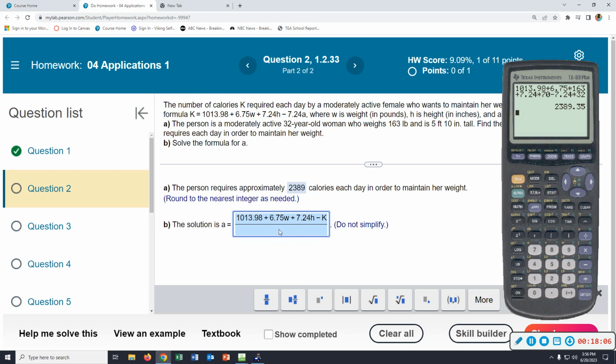I'm not sure what would happen. It might count it wrong. All divided by 7.24. Okay.